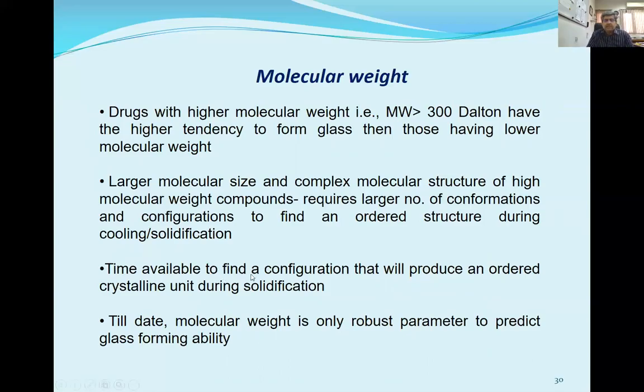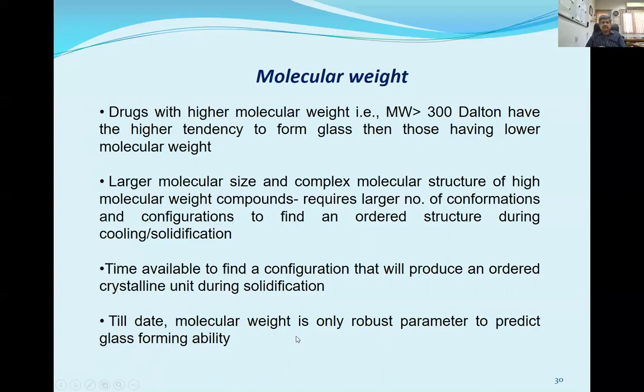Time available to find a configuration that will produce an ordered crystalline unit during solidification would be more in the case of complex and high molecular weight compounds. Till date, molecular weight is the only robust parameter to predict the glass forming ability of a particular material.